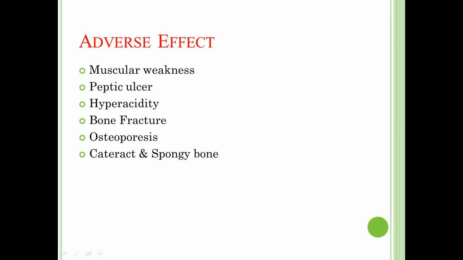Glaucoma and cataract, these are observed adverse effects. Cataract is a medical condition in which the lens of the eye becomes opaque, resulting in blurred vision. So you can write blurred vision or cataract. The next point is that it also produces infection susceptibility. An adverse effect of glucocorticoids is susceptibility to infection.